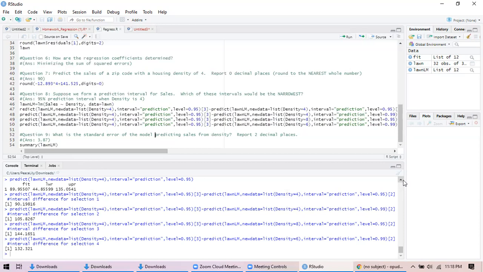But all you have to do is predict.lm, predict, and then inside predict you have to put in the se.fit. Let me see how I did that one.